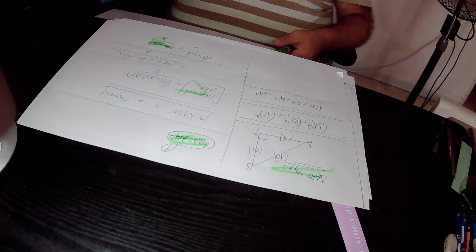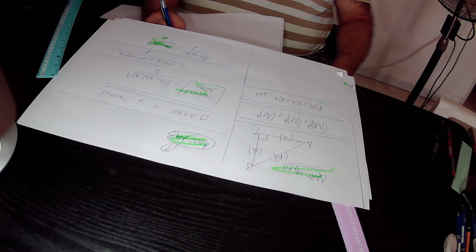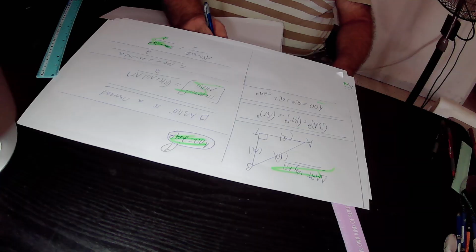So until now, on the new page, we found that the area of trapezoid ABKD is equal to 50a minus 3a squared over 2.